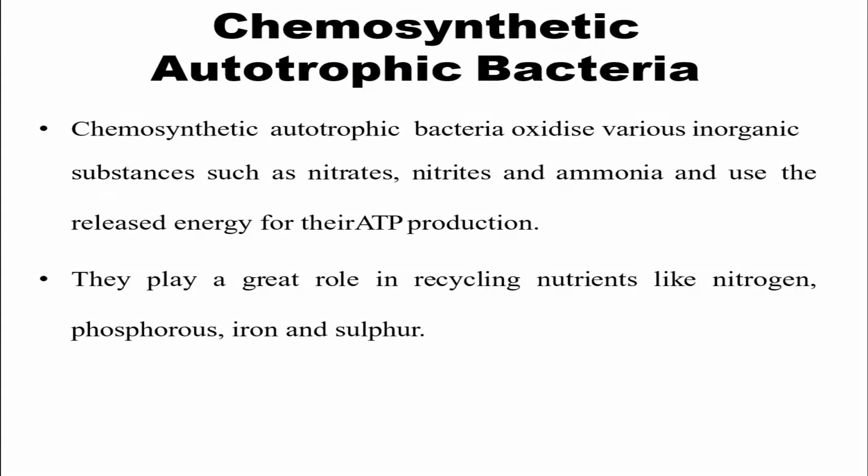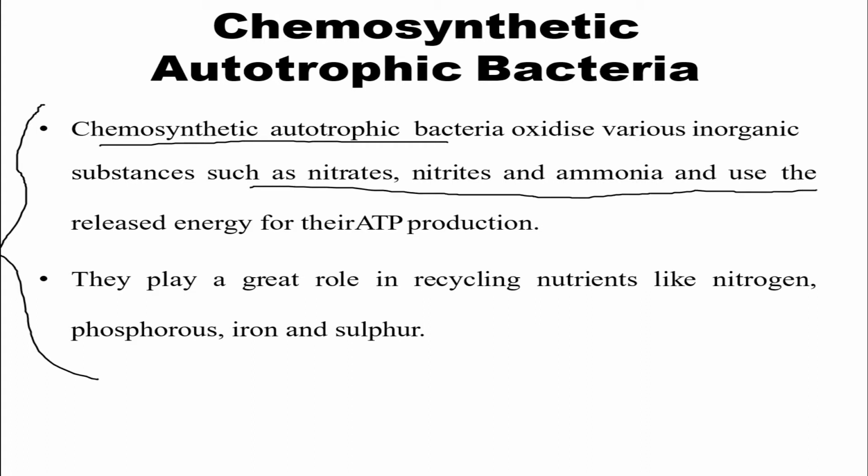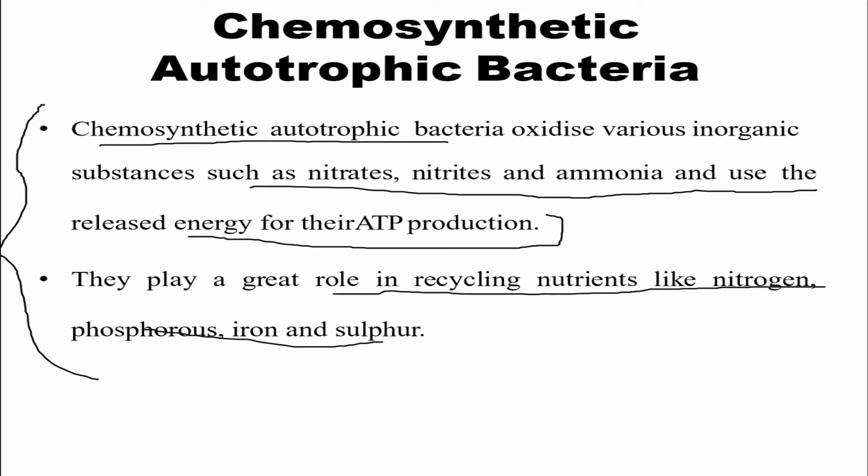Now, talking about the chemosynthetic autotrophic bacteria that come under Kingdom Monera. They oxidize various inorganic substances such as nitrates, nitrites, and ammonia, and use that energy for their ATP production. They also play a great role in recycling nutrients like nitrogen, phosphorus, iron, and sulfur.